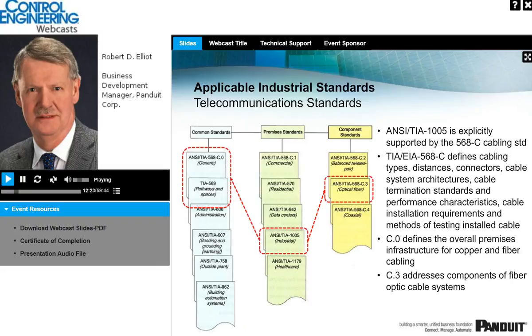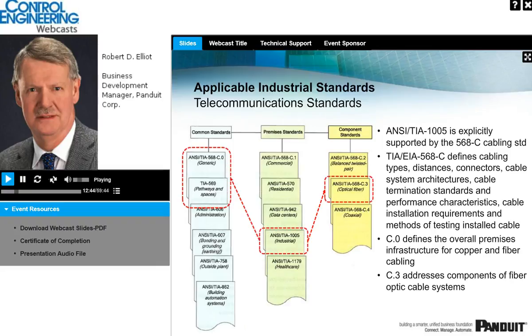TIA 568C.0 then forms the basis for premise standards, that is, a particular type of application takes 568C.0 and then adds onto it its particular requirements.